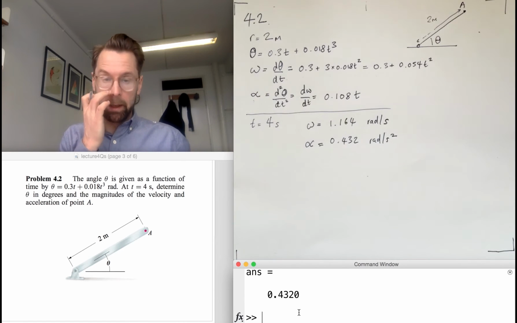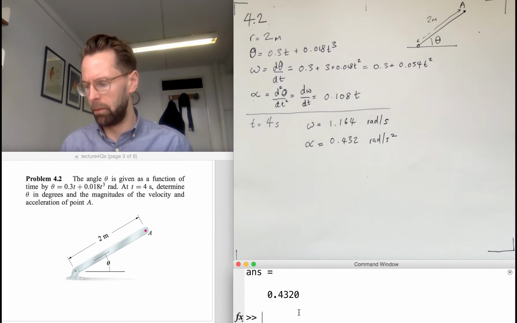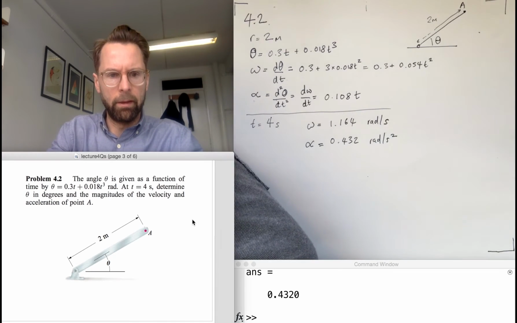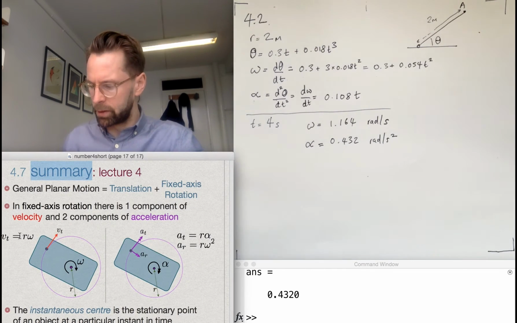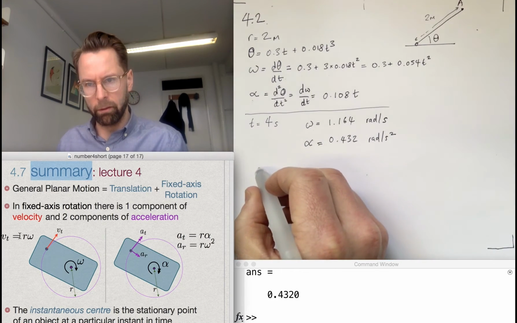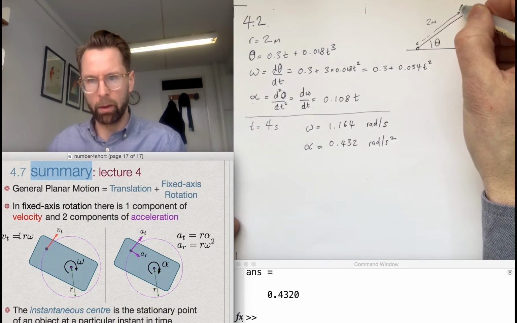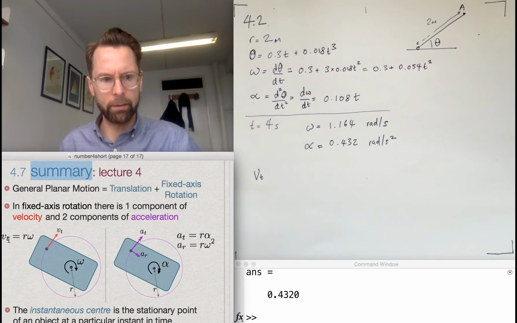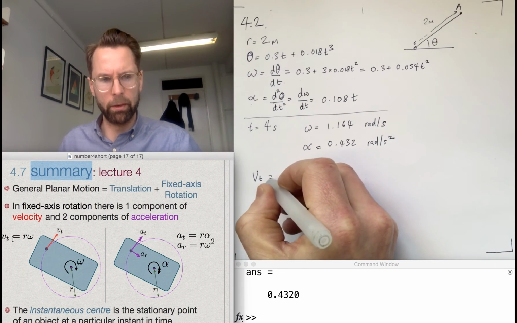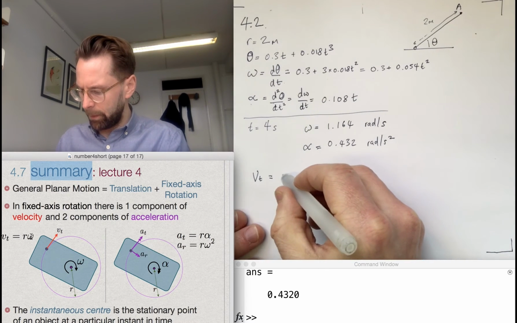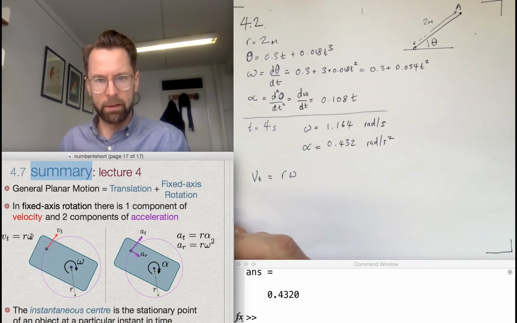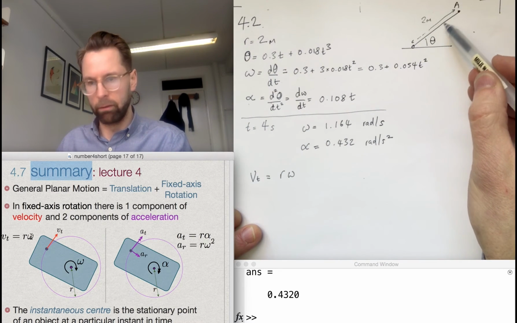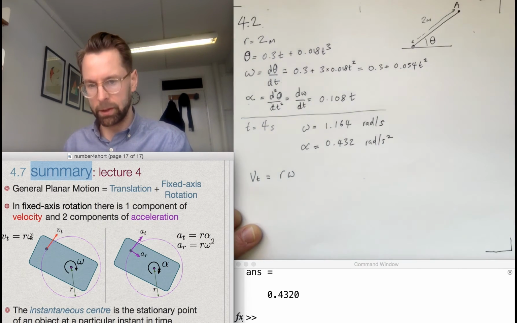Now it's exactly the same as the end part of 4.1. If we just go to our lecture notes, we can start by working out what the magnitude of velocity is, because there's only one component, that's vt. We have an expression for the tangential component of velocity, r omega, and this is because it's a fixed axis rotation of a rigid body. There's no normal, no radial component of velocity.